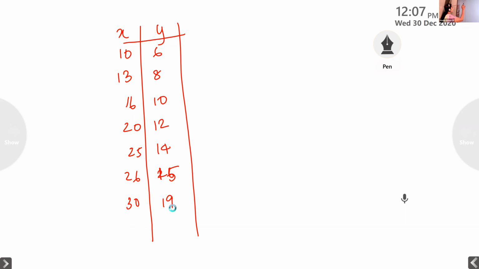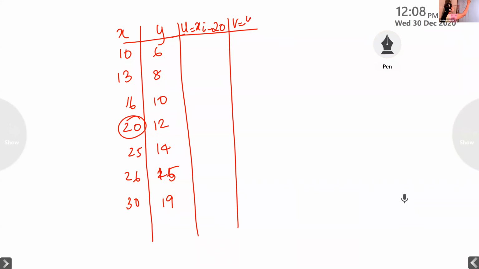Now you can use the previous method and take somewhat a middle value as A. So U is Xi minus A, which is 20. And for B, we can define V as Yi minus somewhat middle value, which is 12.